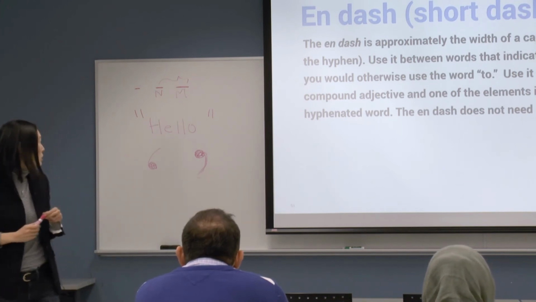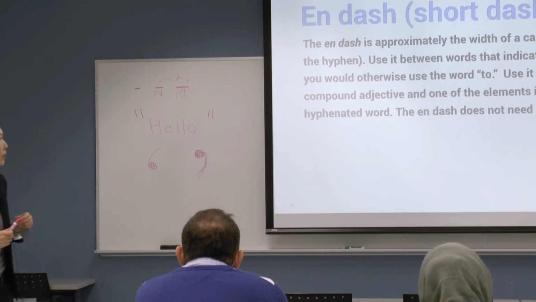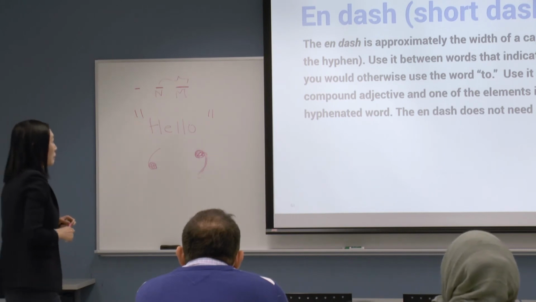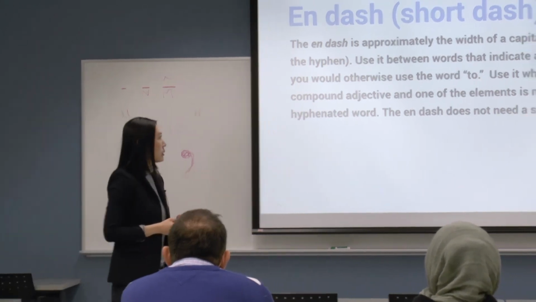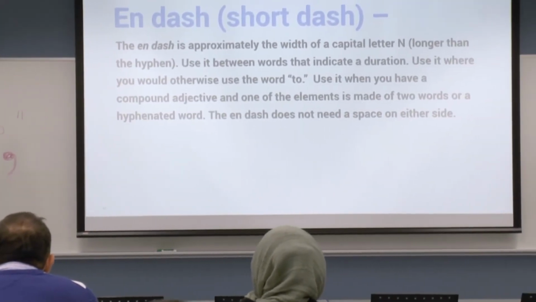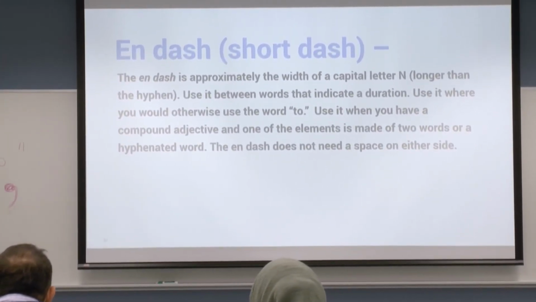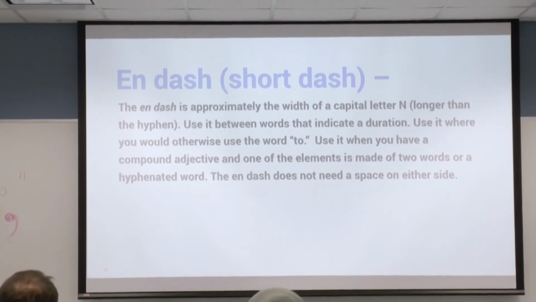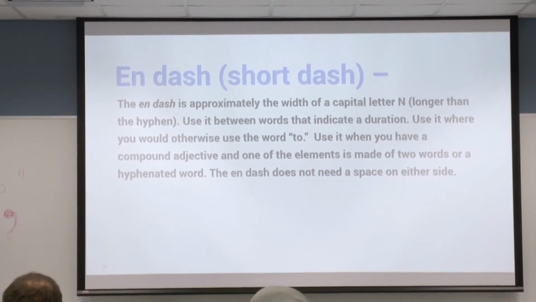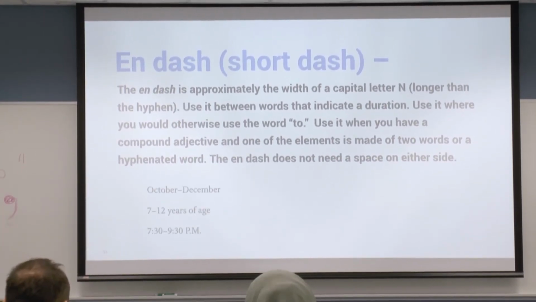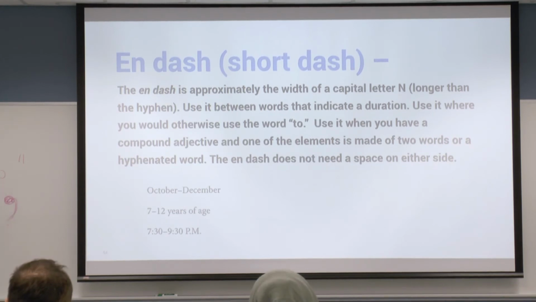So when should you use the N dash, the one that's just slightly wider than the hyphen? This is used when you want to indicate a duration. Think of it as the word to. We see examples like October, then a dash, December. We read this as October to December.